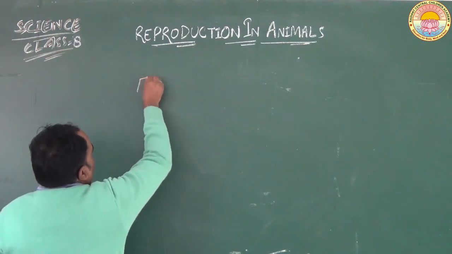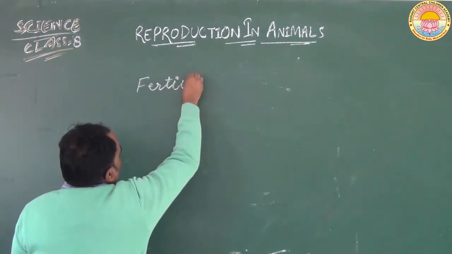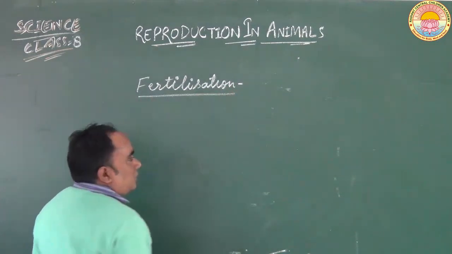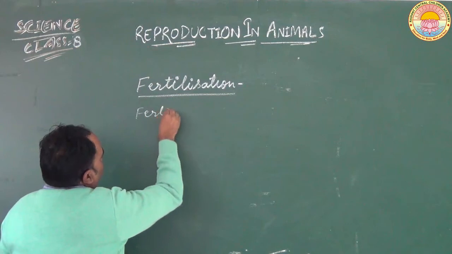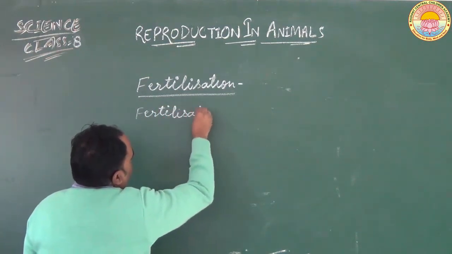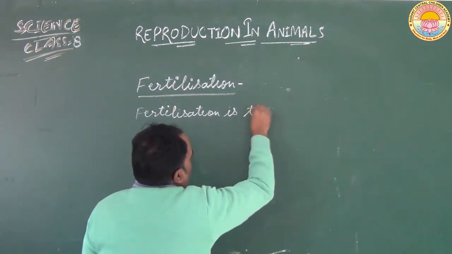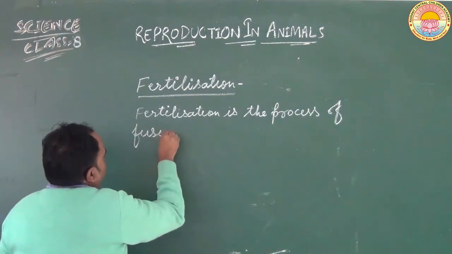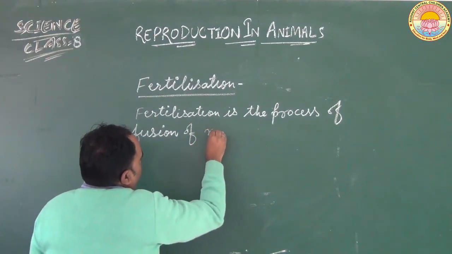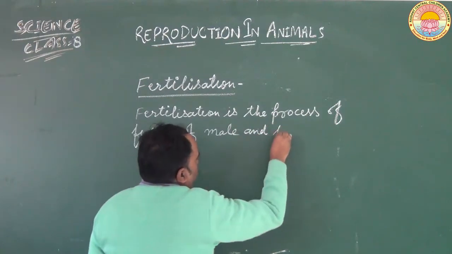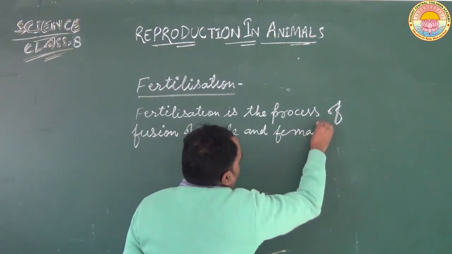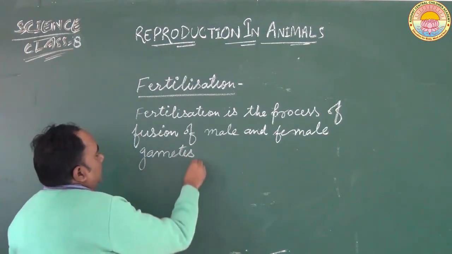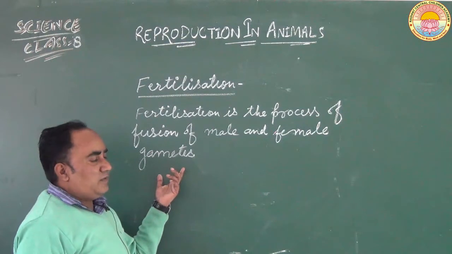Now we discuss the process of fertilization. So students, fertilization is the process of fusion of male and female gametes.